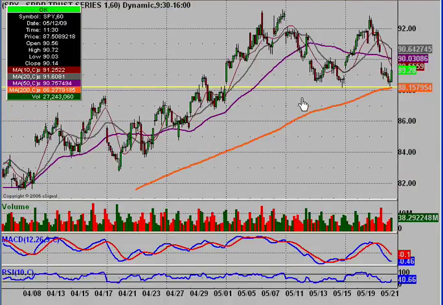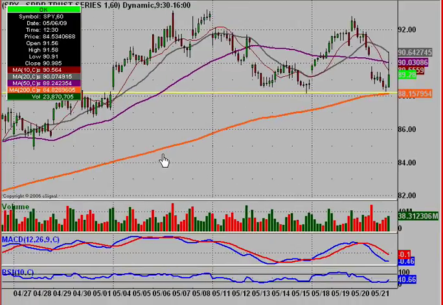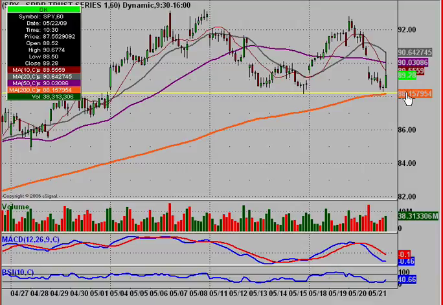Now bumping up to the 60-minute chart, the same thing presents itself. Here you can see we had this little gap area, and once again price flirted with it, actually hit it, and then actually hit it again.